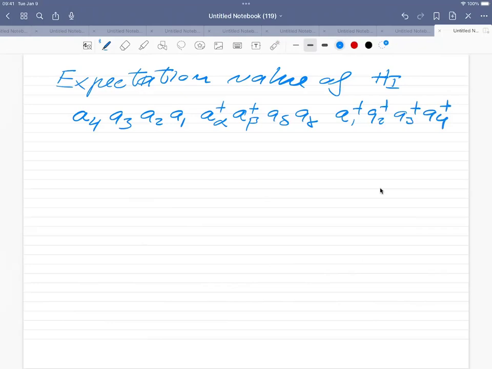Now, the operator here acts on pairs only, right? So it's only pairs which appear here. So if I now perform this contraction here, this is just one example, and I'm going to call this the 1-2 contribution.